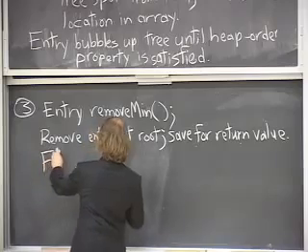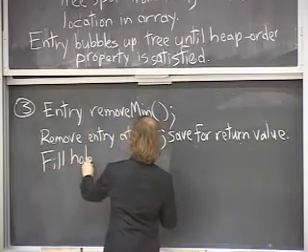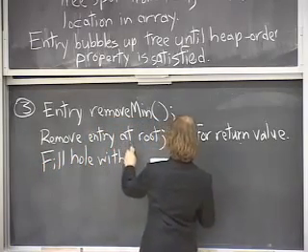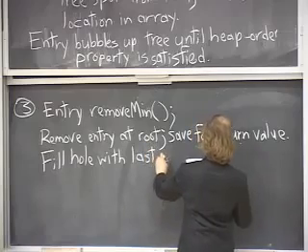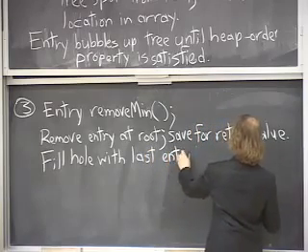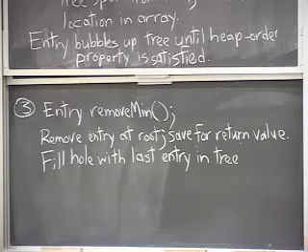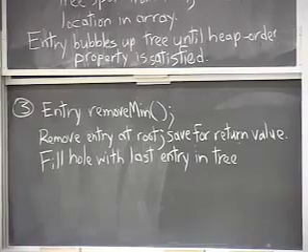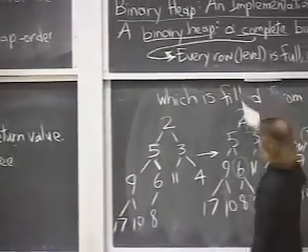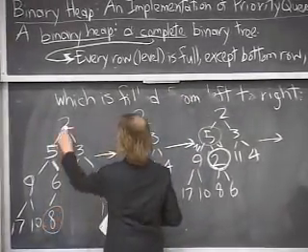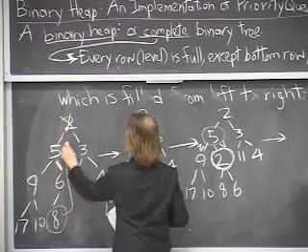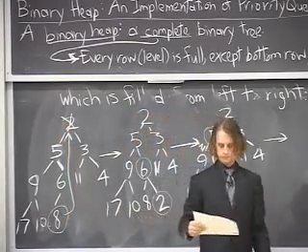So what we do is we fill the hole with the last entry in the tree. Or in other words, the last entry in the level ordering of the tree. So we're going to take this key from the bottom of the tree, and we've got a hole here. We're going to take that and move it up to fill the hole.